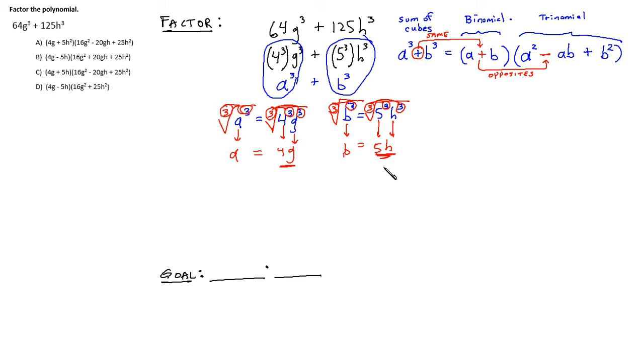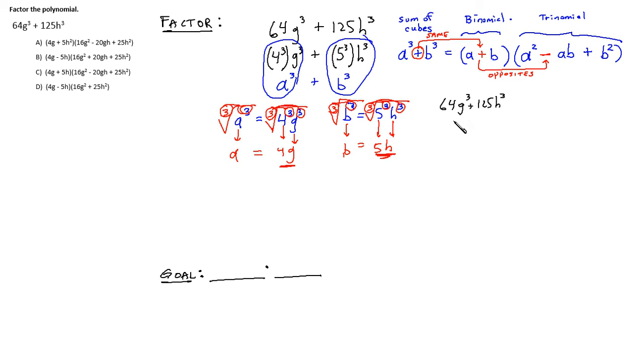Now it's just incumbent upon us to fill in our formula. So here comes our formula. Let's write it down in this way. Let's write our original polynomial down. We have 64 g to the third plus 125 h to the third.